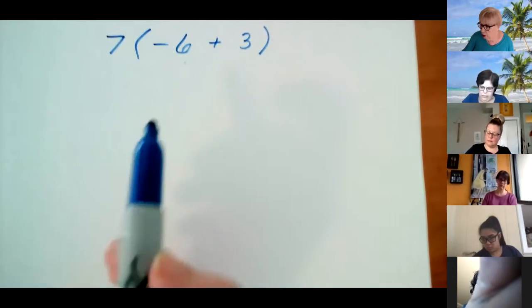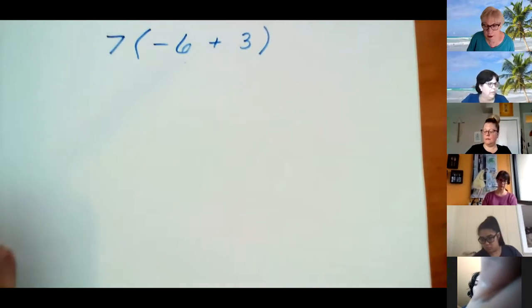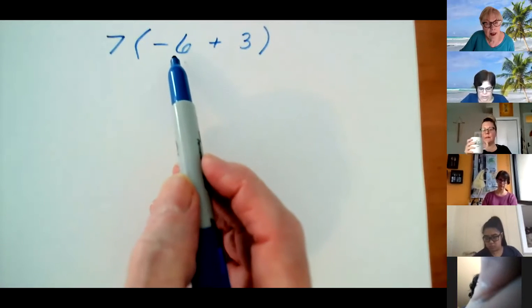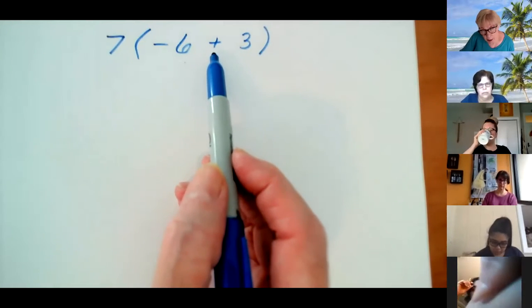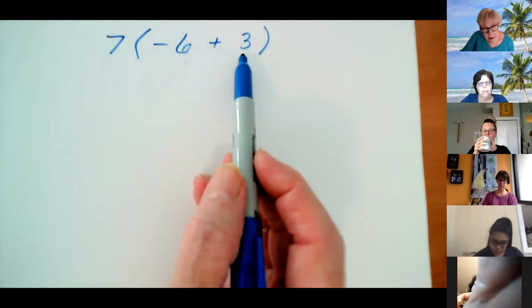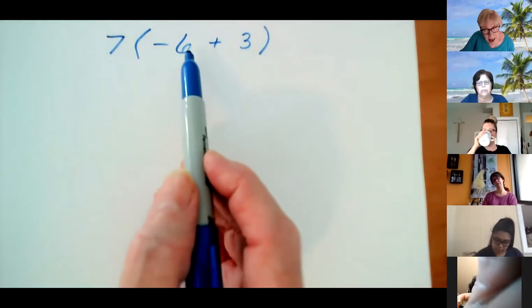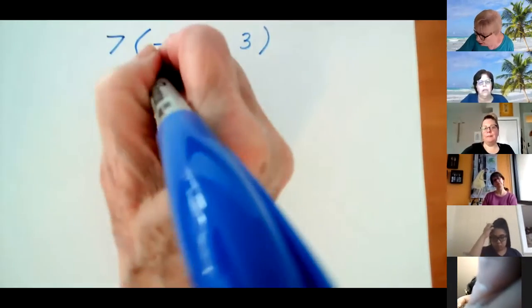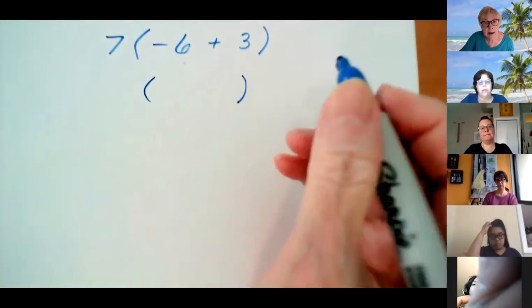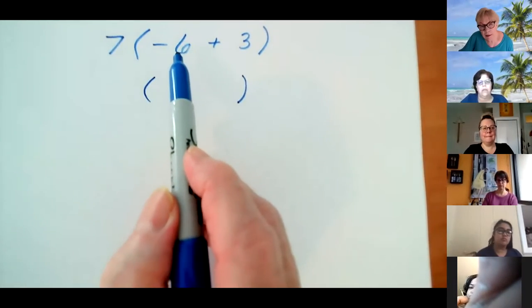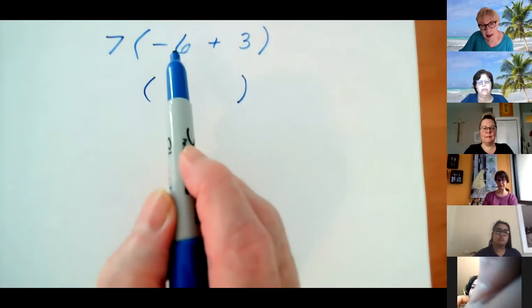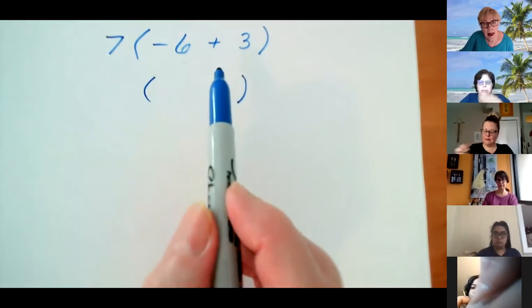And so if you recall, you've got to ignore the 7 for the moment. If you have a -6 and it's an addition problem and a +3, what is that? How much do you have left? I'm going to put it in parentheses when I get it. How much is there? Think about what would be left. I had -6. 3. What kind of 3?